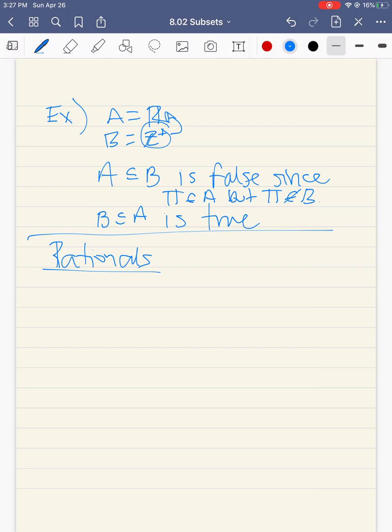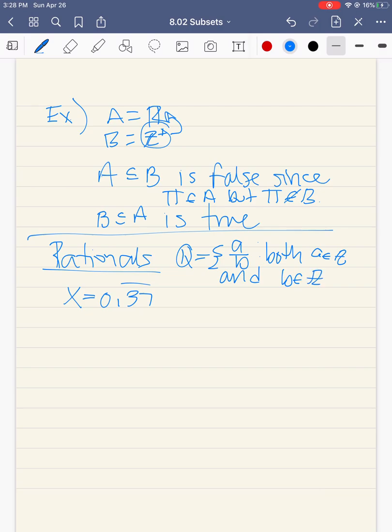So let's let x equal 0.37 repeating. Our definition of a rational number, the set Q, is a over b such that both a is in Z and b is in Z. Obviously, it gets a little bit more restrictive as you go on, but we just want to look at all of the rationals.